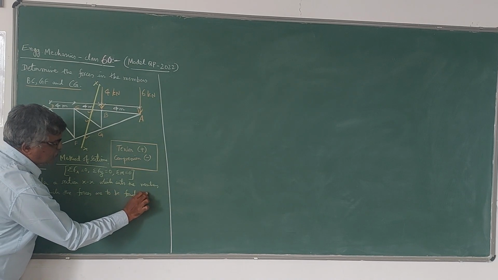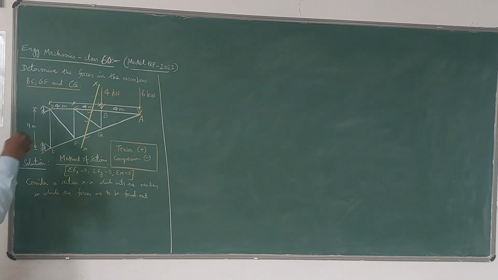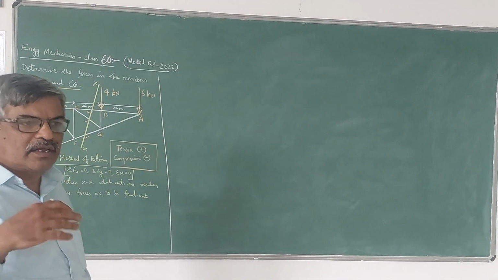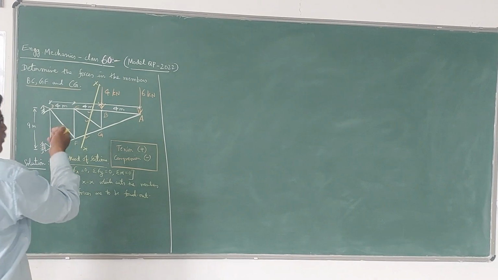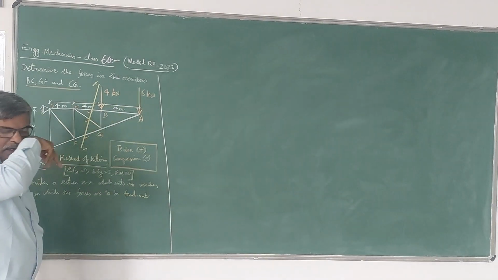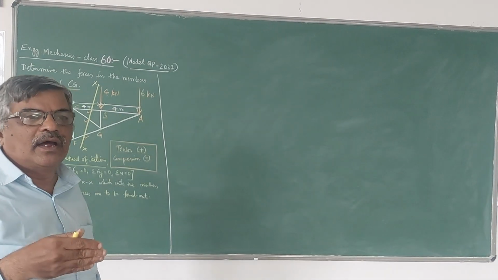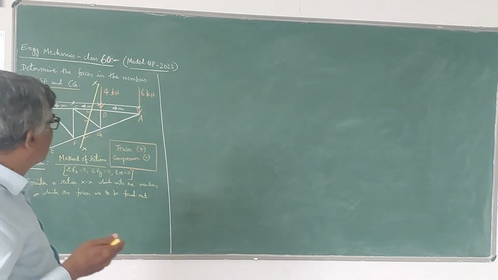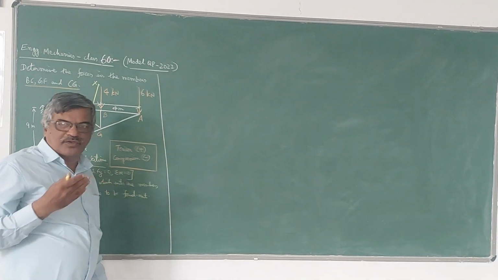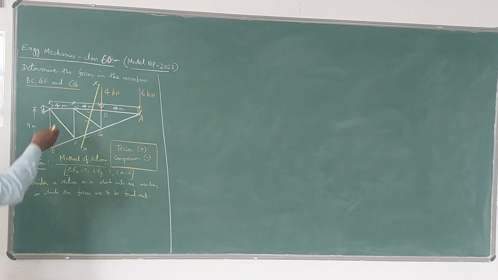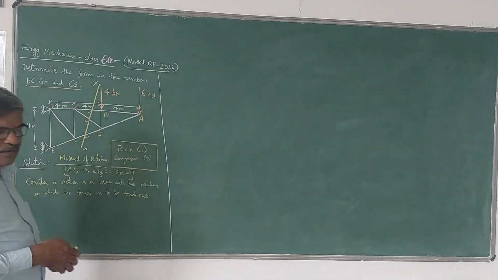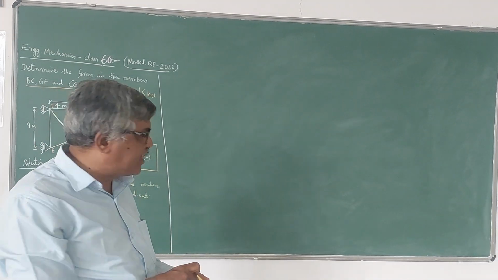In this case, of course, we can have a section like this. Suppose if they ask in some other members also, then you might have to go for one more section. So the number of sections depends on the number of members in which the forces are required. Here only three forces are required in three members.